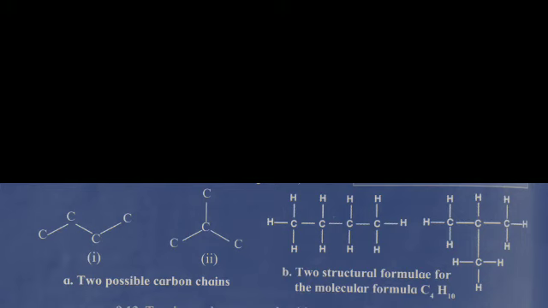The molecular formula of both these structural formulae is the same, which is C4H10. These are two different compounds as their structural formulae are different. The phenomenon in which compounds having different structural formulae have the same molecular formula is called structural isomerism.